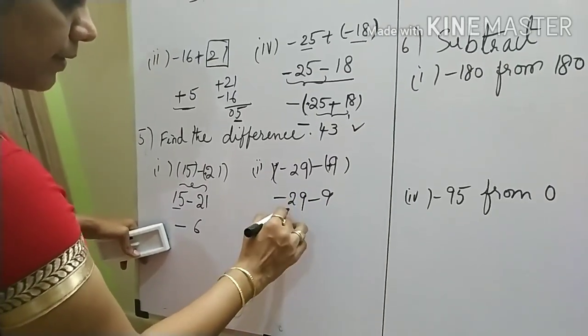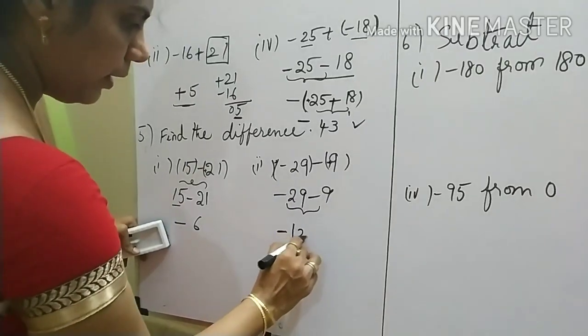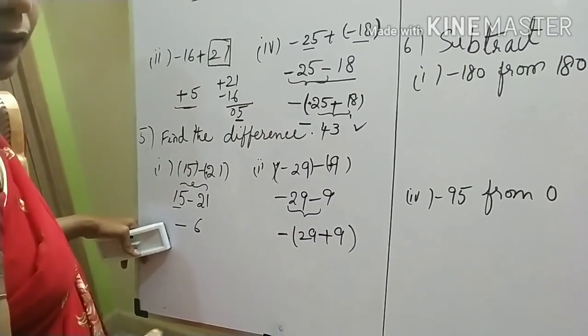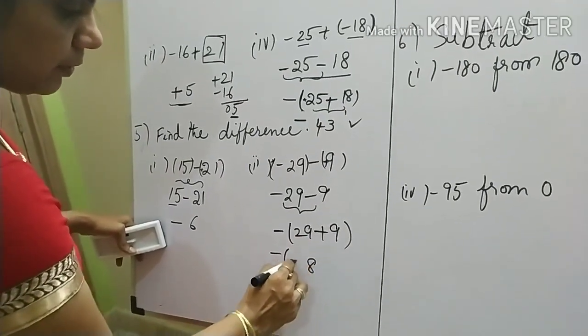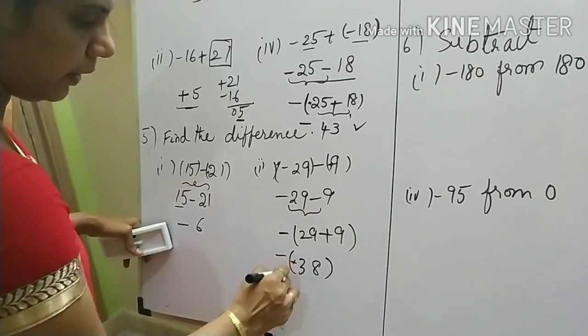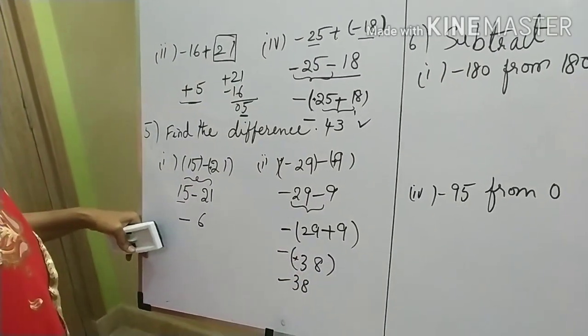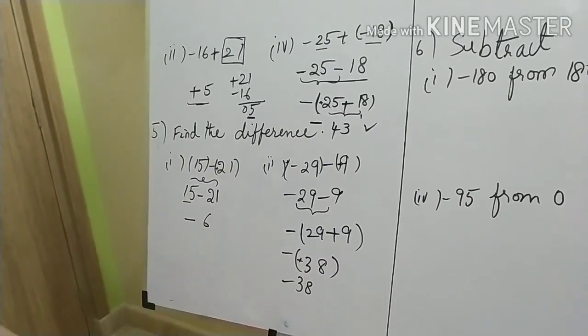Otherwise see like this: both are minuses, so we can take minus as common and add. Instead of minus I can write plus in between them. So what is this? 38. Again here I have plus, so I am applying this minus. Minus into plus, minus. Minus 38. Like that you have to solve.